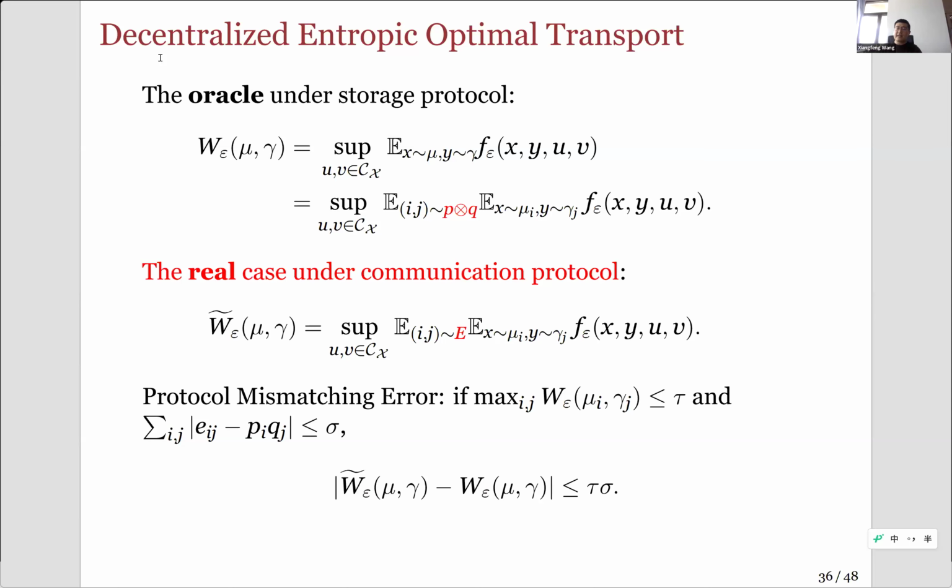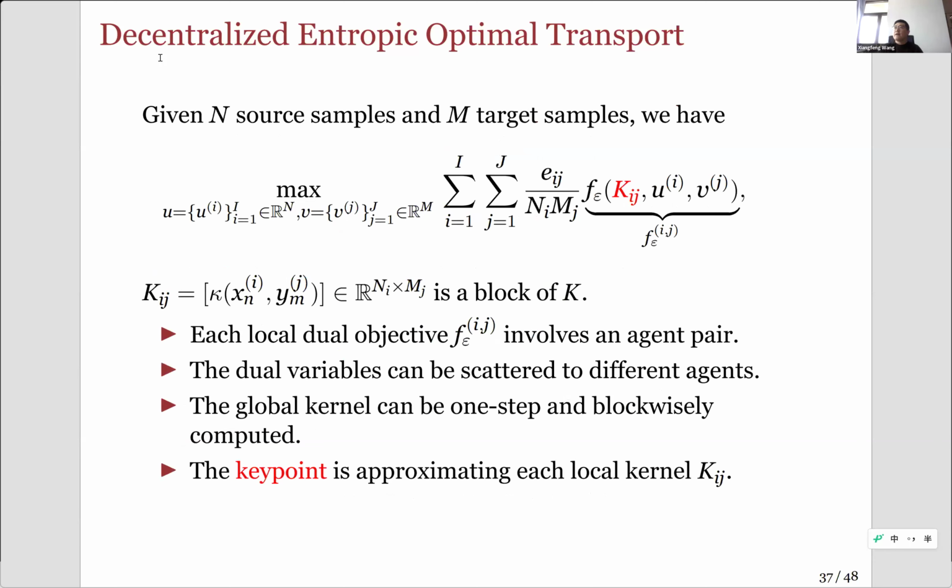And discretizing with N samples, N_i samples for agent I and M_j samples for agent J, the objective involves optimizing local dual variables U_i and V_j associated with agents. The computation requires evaluating terms involving the kernel block K_ij.